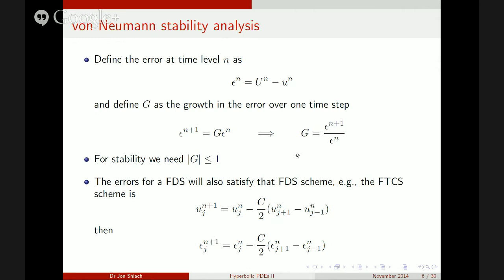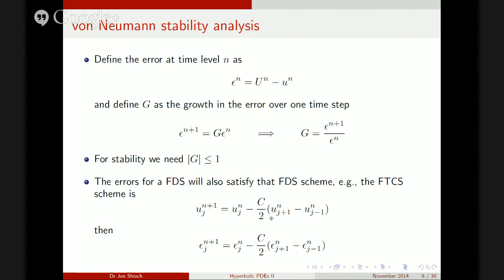There's also quite a useful result. The error of a finite difference scheme will also satisfy that finite difference scheme. For example, last week we looked at the forward time-centered space scheme, and it's this here. I'll explain why I've used these subscript j's in a minute.